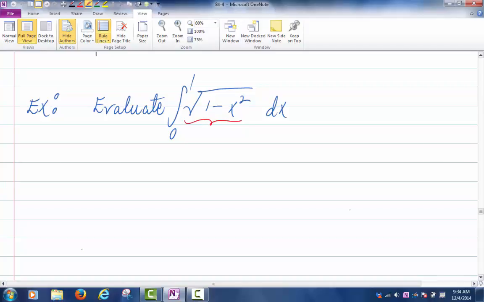So is this integrand defined for x between 0 and 1? The answer is yes, because if x is between 0 and 1, x squared is also between 0 and 1, and 1 minus that is positive. So there is no possibility of getting a negative number inside the root when x is between 0 and 1, right? So I know that the function is continuous, so I know that the integral exists, right?